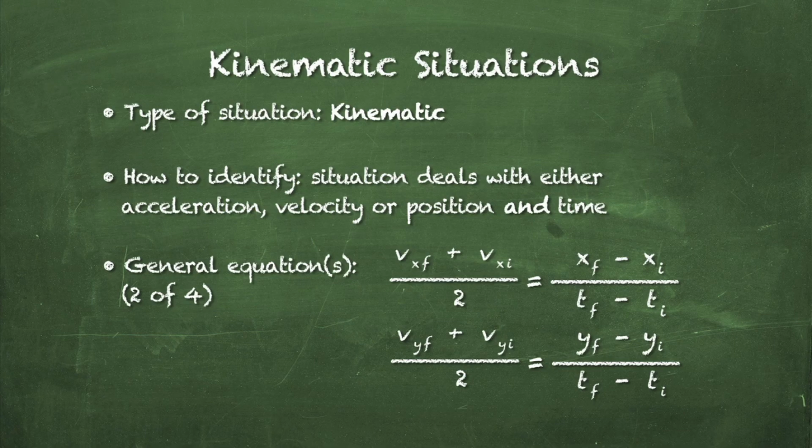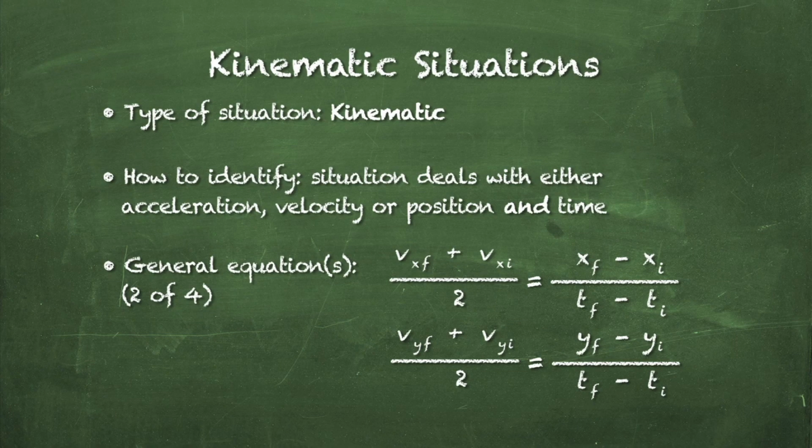Our second general equation for kinematic situations, actually it's a pair of equations, would be (Vx final plus Vx initial) divided by 2 is equal to (x final minus x initial) divided by (t final minus t initial).